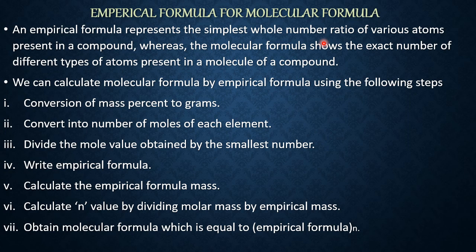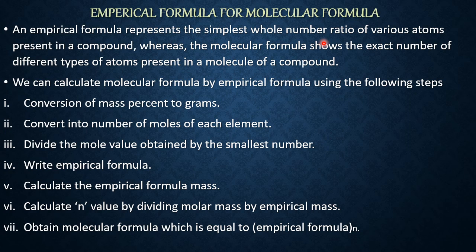Take the example of glucose. Glucose molecular formula is C6H12O6. Now, if you take the ratio of 6:12:6, we will get 1:2:1: carbon 1, hydrogen 2, oxygen 1. So 1:2:1 is the simplest ratio for 6:12:6.